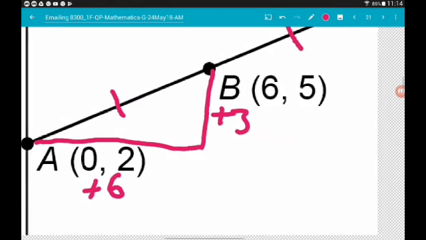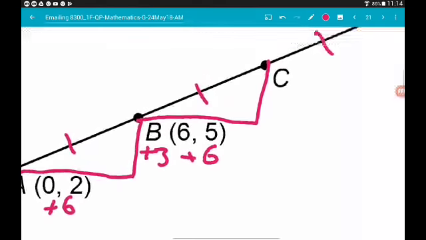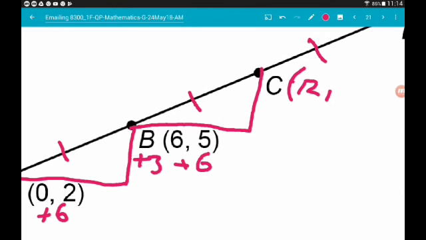So, to get from B to C, we do exactly the same. So we go 6 along, so C is going to have an x-coordinate of 12, and we go 3 up.